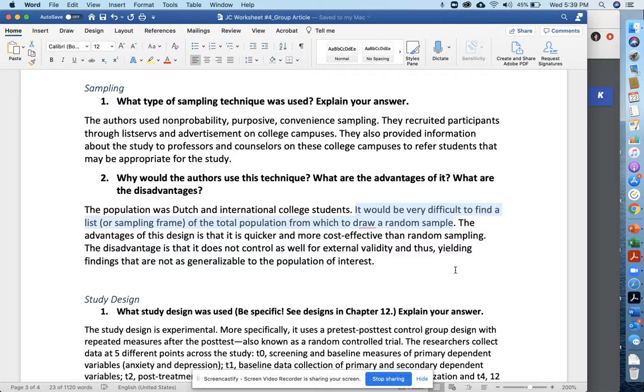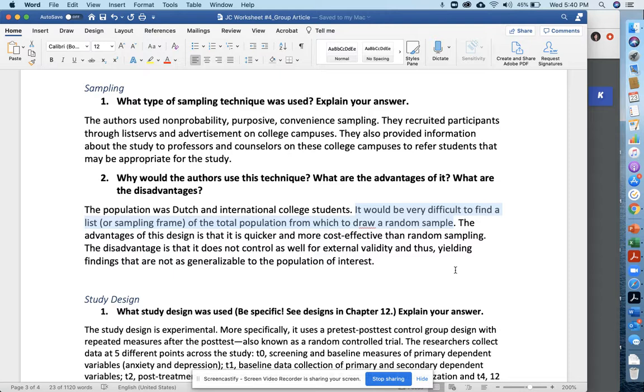That might be impossible to find. It may be impossible to obtain the list because not all universities might readily provide that information. And so the authors were limited to universities they had existing relationships with.